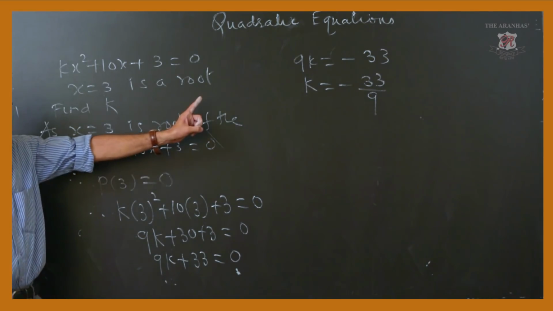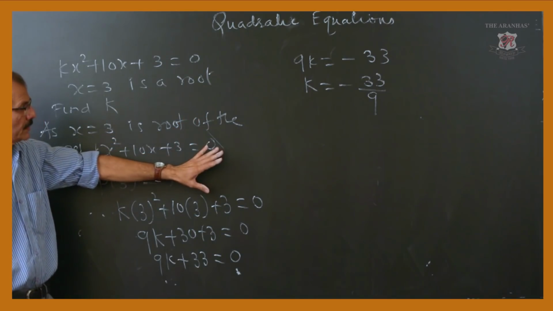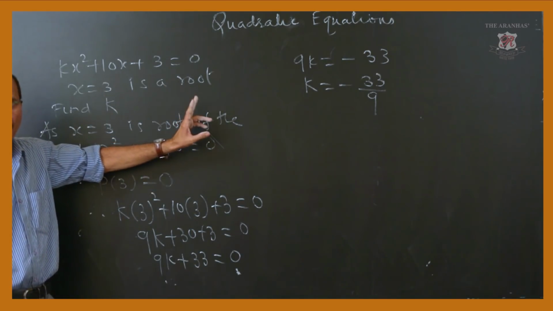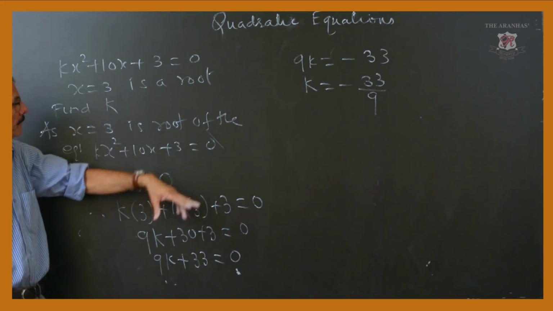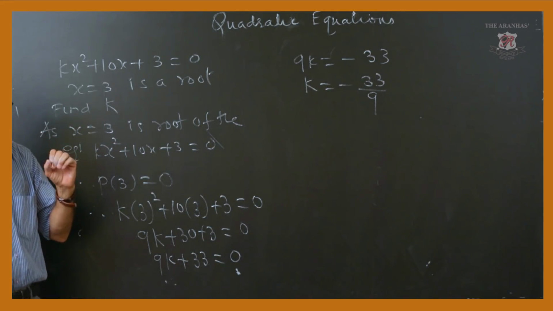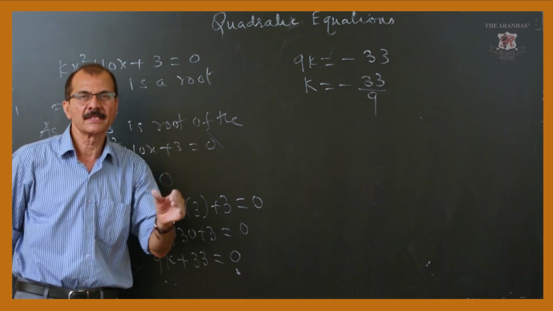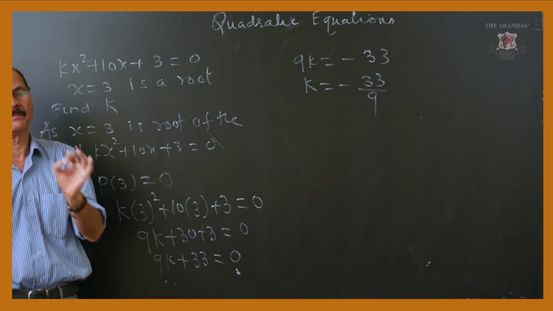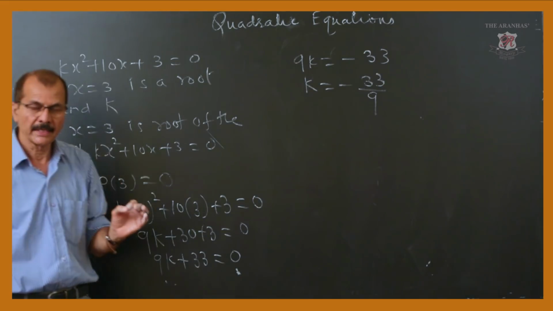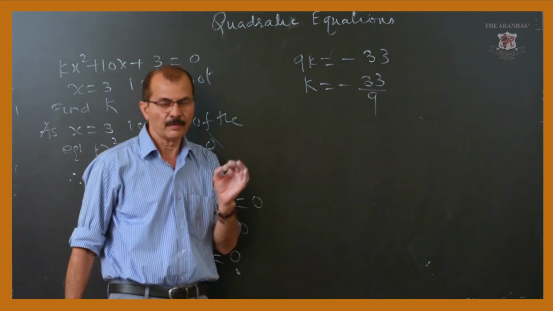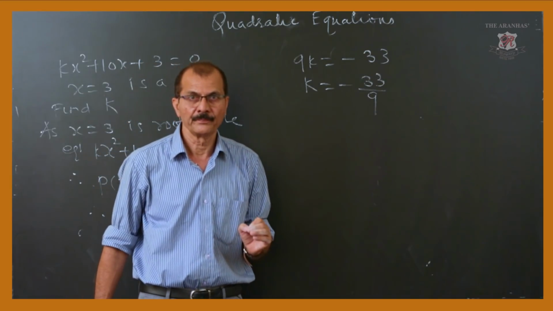So, this is also very important. It is asked for 2 marks. So, remember, whenever you are given that x equals to a is the root of the given equation, that means you have to take value of the polynomial as 0.